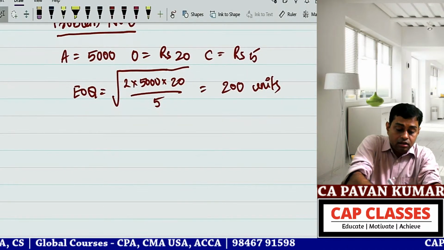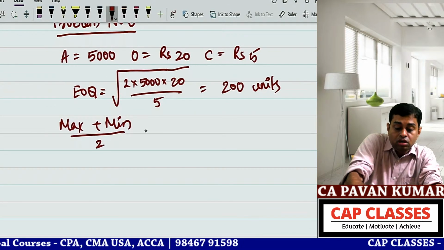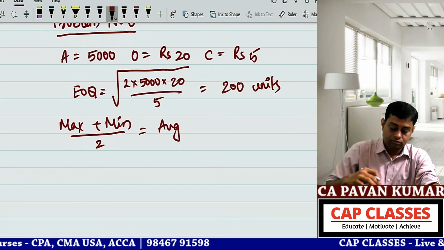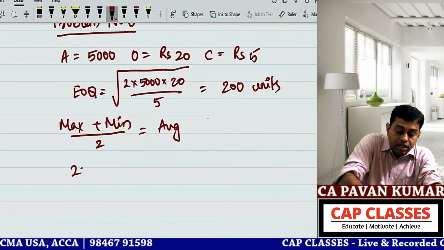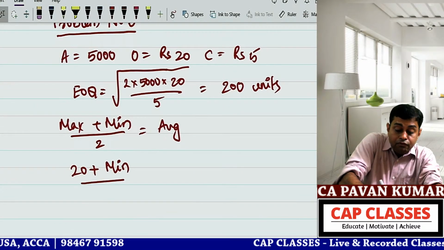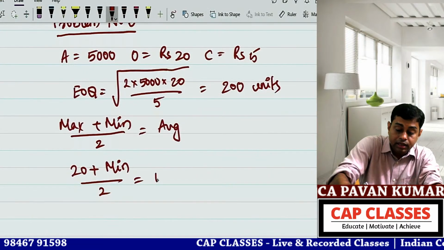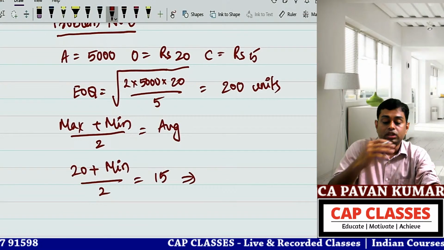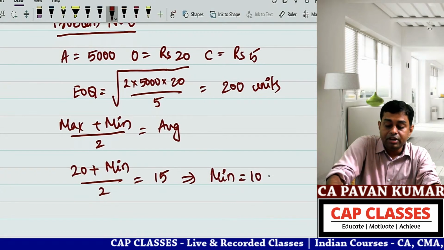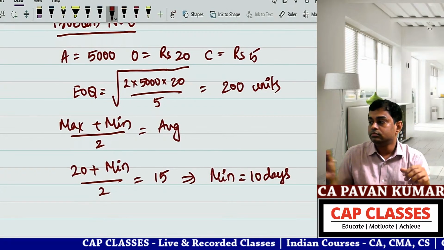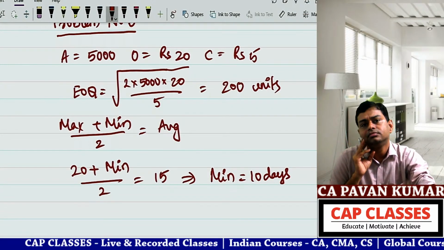So we know that maximum plus minimum by 2 is equal to average. They have given maximum and average. Maximum 20 plus minimum, which we don't know, by 2 is equal to average, 15. That implies 15 into 2, 30. 30 minus 20, 10. So minimum is 10. Minimum consumption is 10 units. Simple, no?